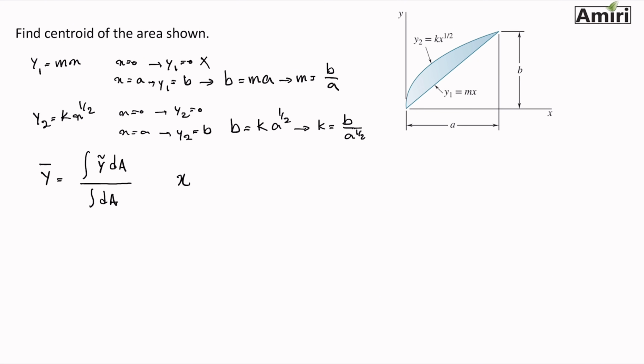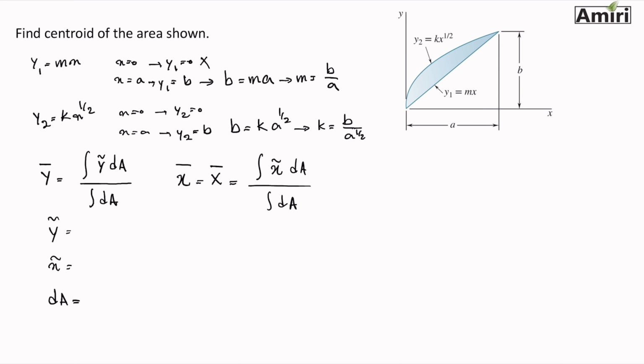And then x bar, this way, is the integral of x tilde dA over the integral of dA. So we'll talk about this. Some stuff we've got to find: y tilde, x tilde, and dA.